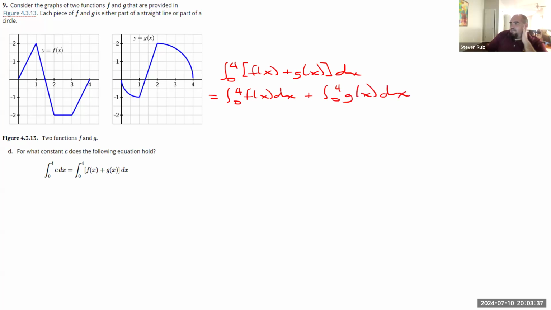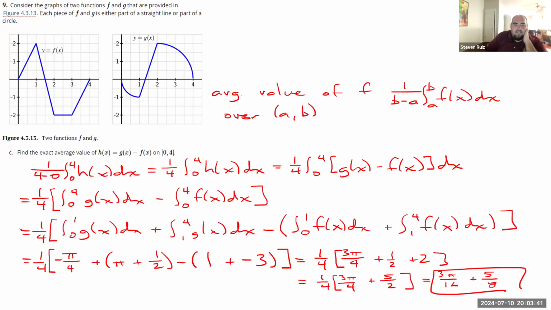Are these things I've found? I believe they are. So the integral from 0 to 4 of f of x dx will be basically the sum of the integral from 0 to 1 of f of x dx plus the integral from 1 to 4. So that came out to what? That came out to be negative 2.